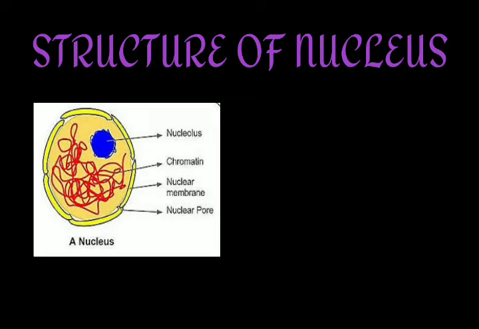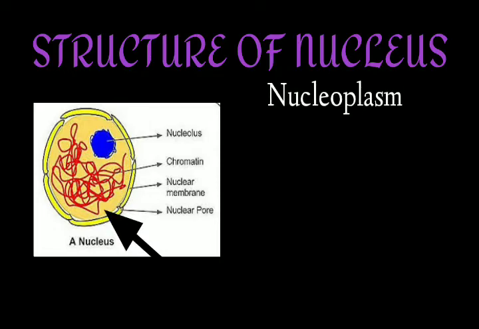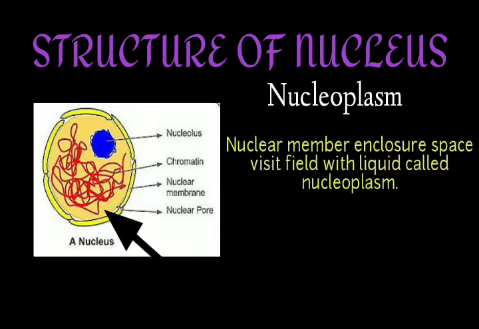Next part of the nucleus is nucleoplasm, right? Plasm means jelly-like liquid. The nuclear membrane encloses a space which is filled with a liquid called nucleoplasm, a liquid which is present inside the membranes of the nucleus.